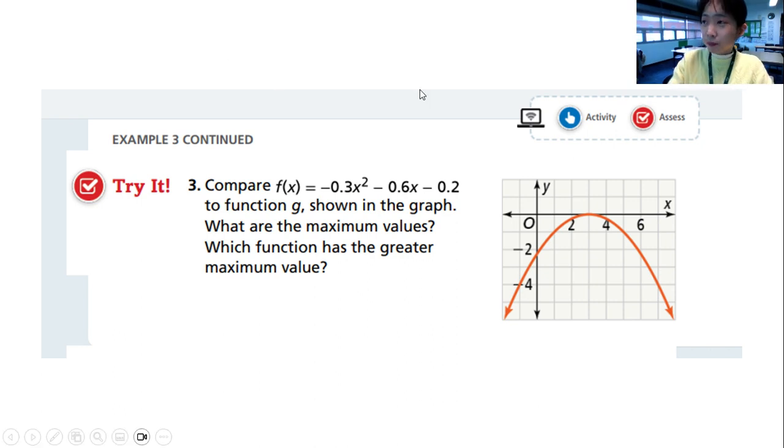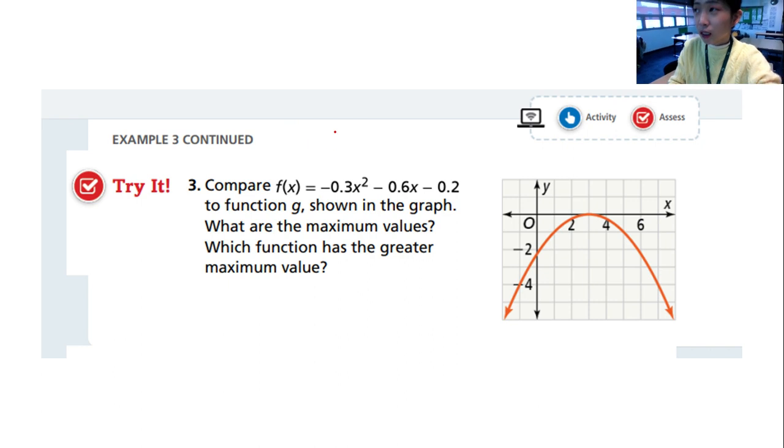Okay, are you ready? All right, how do you figure out the vertex using the equation? First of all, you can figure out the value for x using the equation. x equals negative b over 2a. What's your b and what's your a? a is negative 0.3, b is equal to negative 0.6.